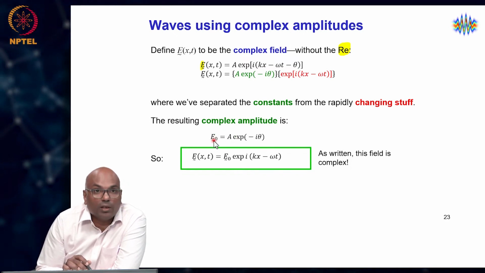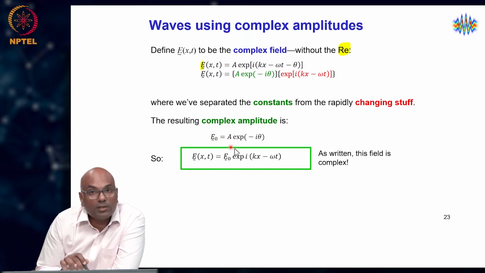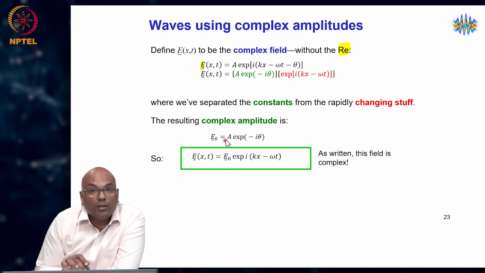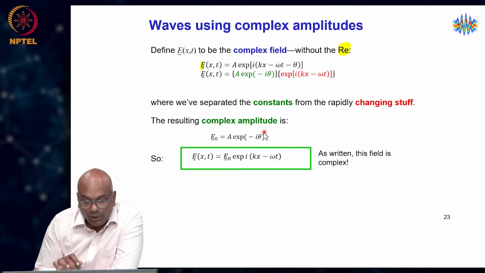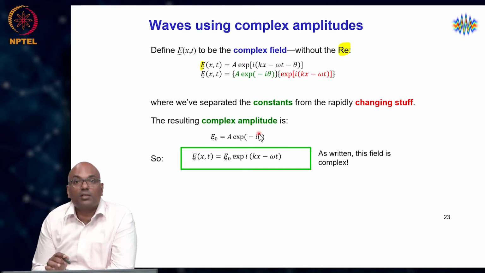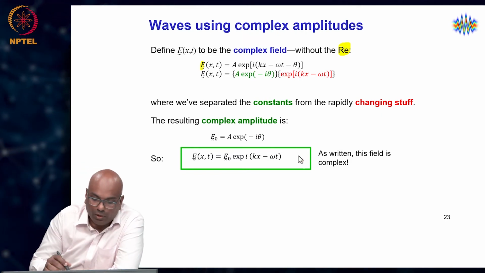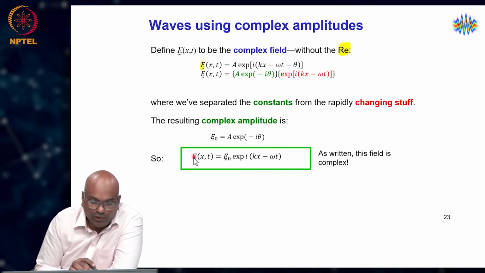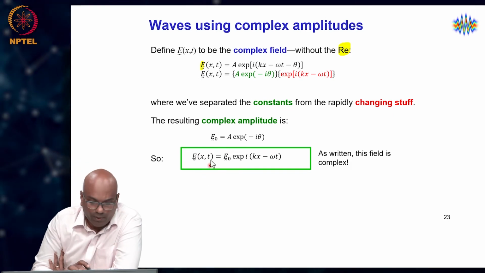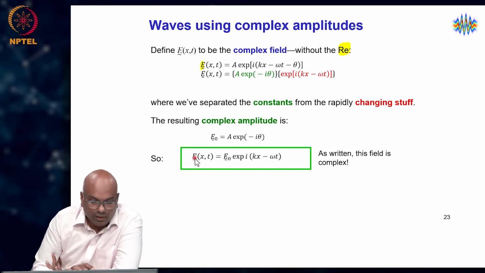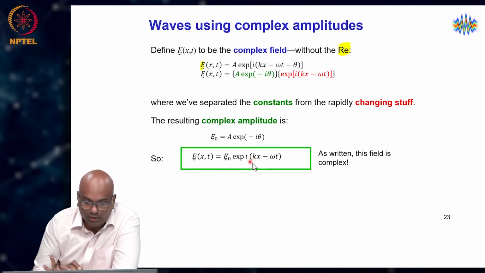E naught tilde on the left hand side is complex valued, and its polar form is essentially A, the amplitude, multiplied by the exponent of minus i theta, where theta is the phase or the polar coordinate of this complex number, right? Therefore, we can now very compactly write E tilde of x, t to be E naught tilde exponent i(kx minus omega t).